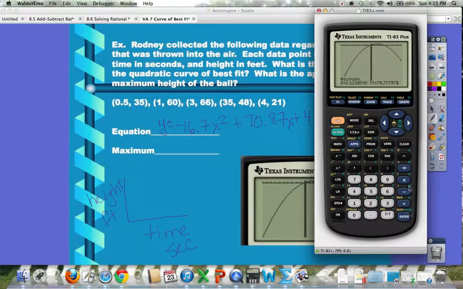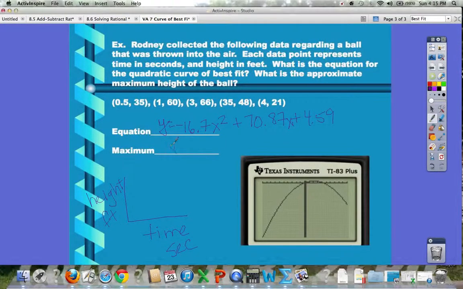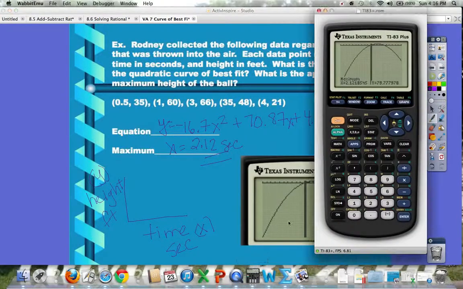And my maximum is at x equals 2.12. 2.12 is seconds, okay? Because our x is our time, our height is my y. All right, so as you can see, go back to the calculator.